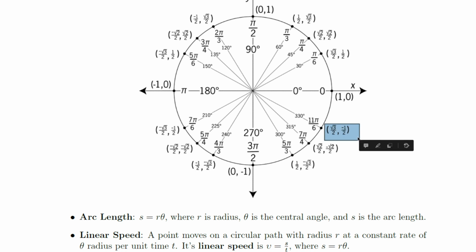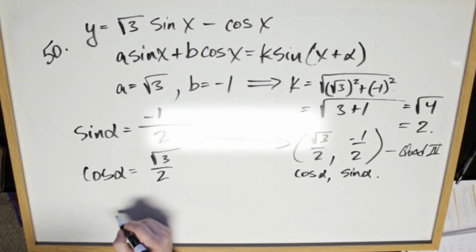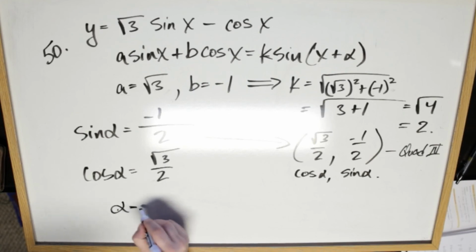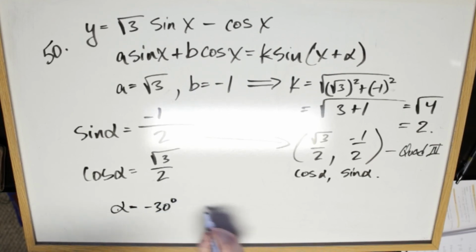Well, here it is. Check that out. So it shows up down here at 330 degrees, which actually is going to be a minus 30 degree angle. So alpha is equal to minus 30 degrees. So what does that mean?